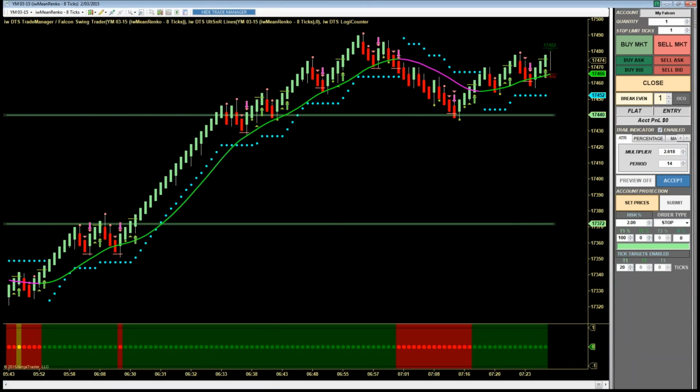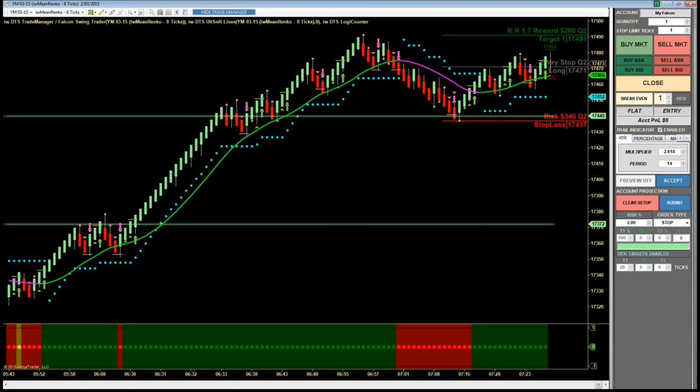The E-mini and the YM are both attempting a rally of sorts. Here's the YM on the Falcon. We did have a trend change signal. So they're trying to recover the highs here.